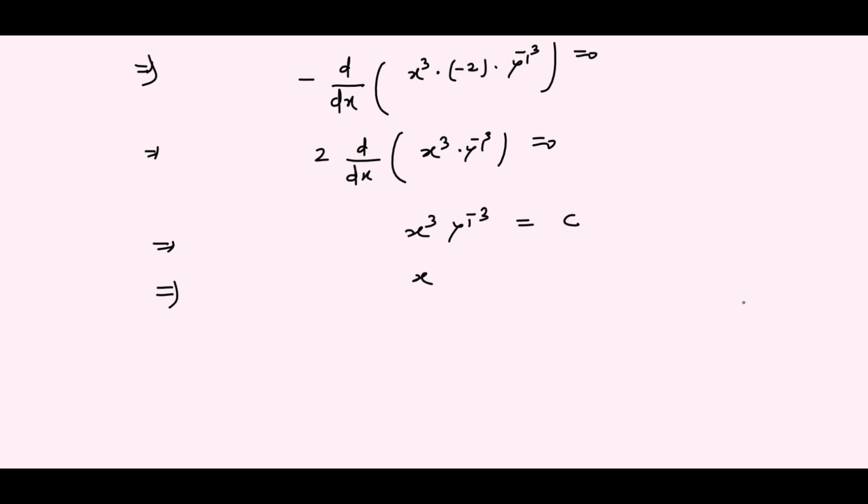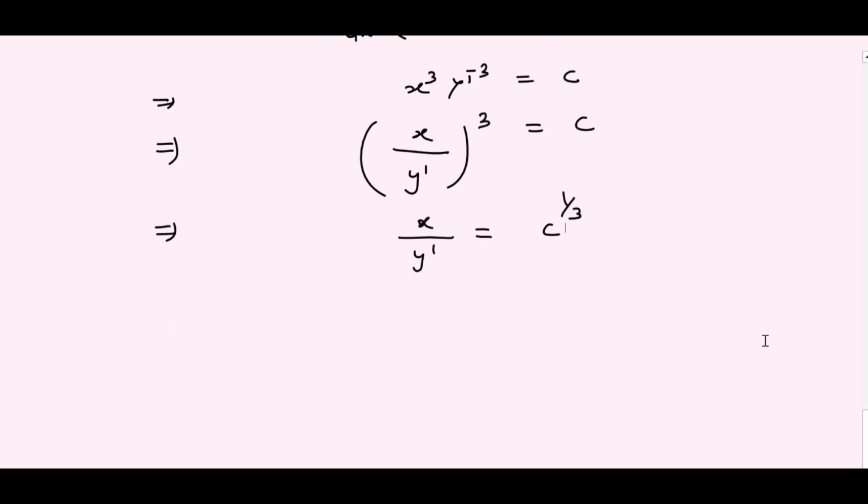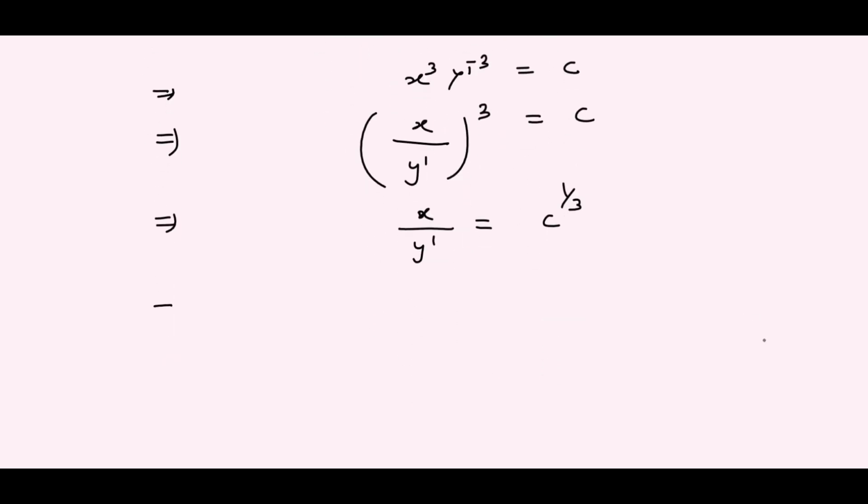Then we will get (x over y') to the power 3 is equal to c. Now take the cube root on both sides. It will give x upon y' is equal to C to the power 1/3. So now take the reciprocal on both sides. Then we have y' over x is equal to 1 over c to the power 1/3.